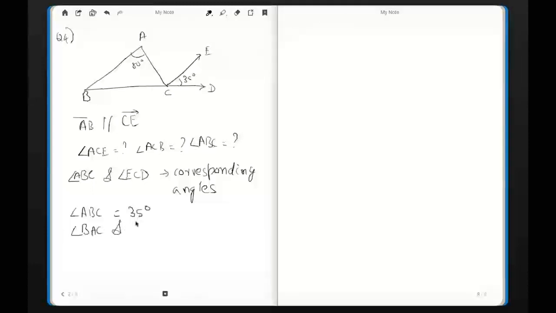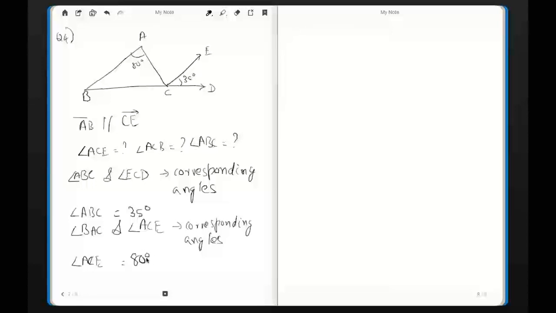What can you say about angle BAC and angle ACE? If you consider the line AC as a transverse line to both these parallel lines, you can say they are also corresponding angles. They are corresponding angles, which basically means angle ACE is equal to, again, 80 degree.